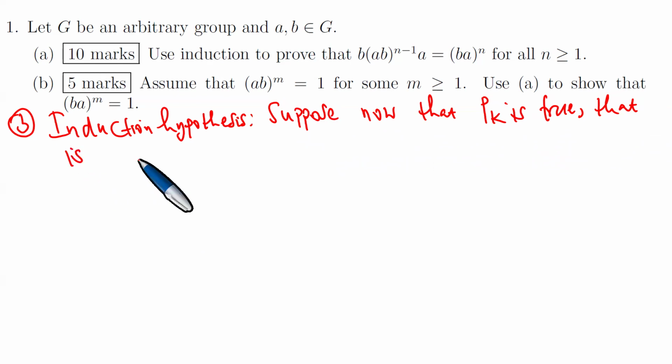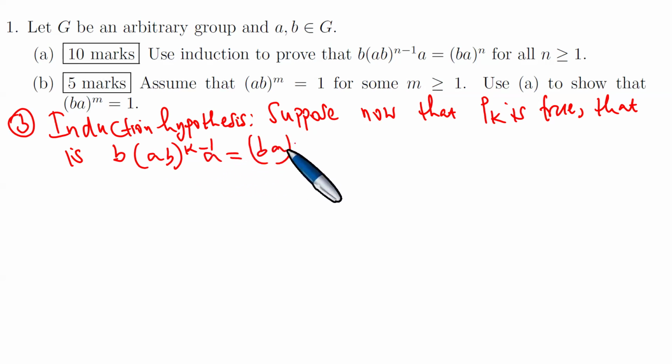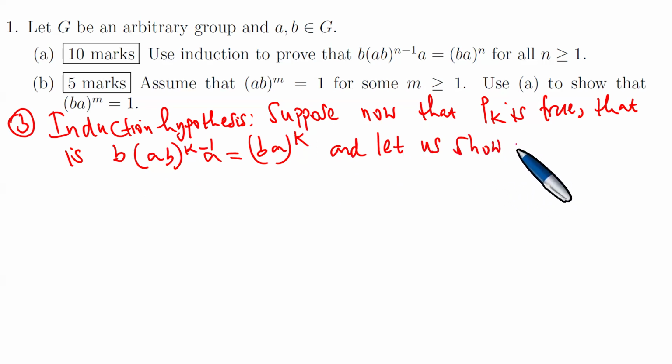The truth of PK means that a replacement of n by k renders a true statement, which means therefore we have BAB to the power k minus 1 A, and this is equal to BA to the power k. Now let us show that P(k+1) is true.